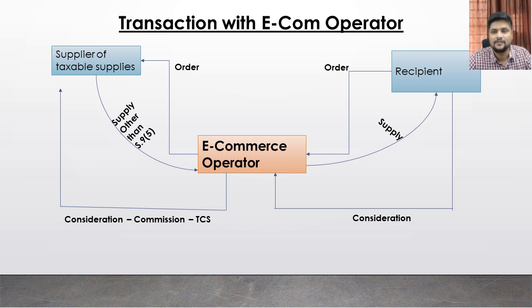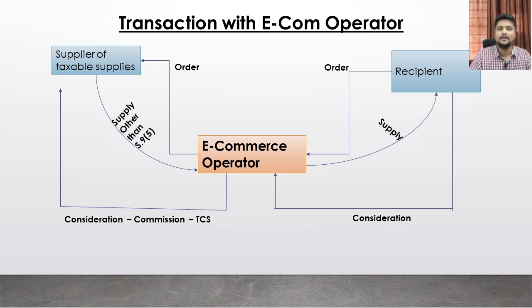There is an e-commerce operator. First, there is a recipient of supply, who is a customer. The customer places an order to the e-commerce operator. After receiving the order from the customer, the e-commerce operator places that order to an appropriate supplier.